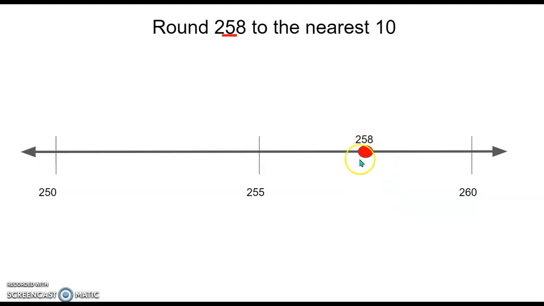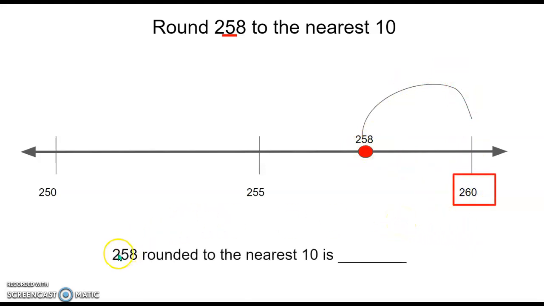And then I'm going to decide, is 258 closer to 250, or is 258 closer to 260? Well, if I look at where it's plotted, I can tell that 258 is closer to 260. So I'm going to draw a line to 260, and then I'm going to circle 260 so that I remember.